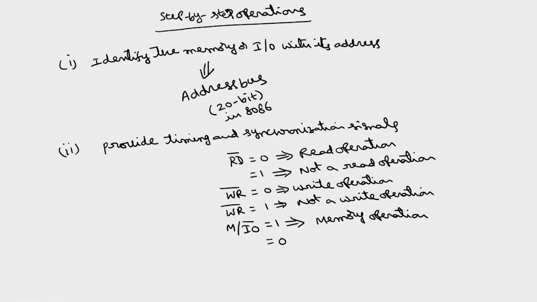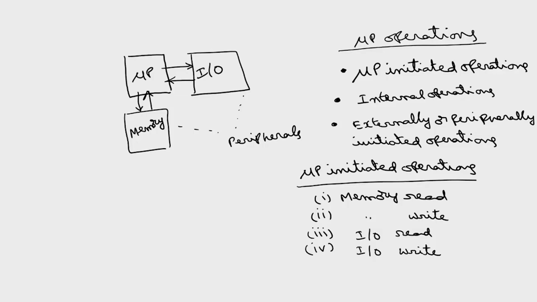If this is equal to 0, it implies an I/O operation. So, using these three control signals, read bar, write bar and M by IO bar, we can perform all the 4 operations that I discussed in the last slide: memory read, memory write, I/O read, I/O write.